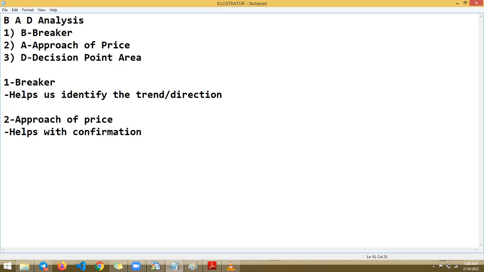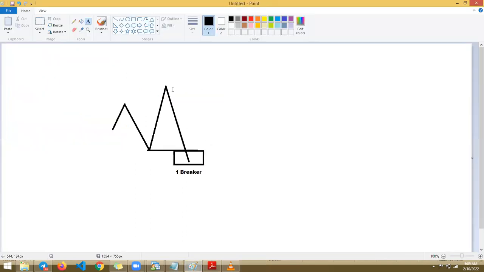So you basically look out for PA, price approach. You look out for the compression, you look out for the 3 drive, and you also look out for liquidity areas. That is what you look out for under approach of price.